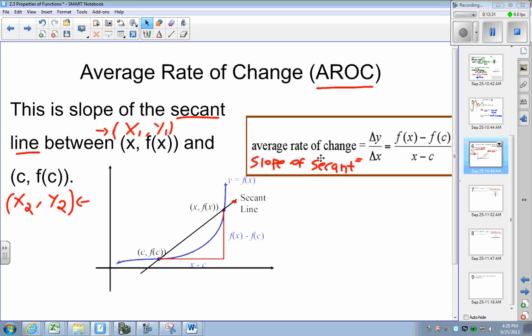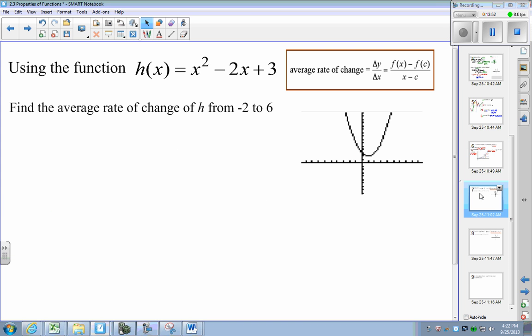So yeah, the average rate of change represents the average amount of change between 2 points. That's what it means. But you can think of it as the slope of the secant line. Okay, so let's look at some examples where we find the average rate of change in a function.